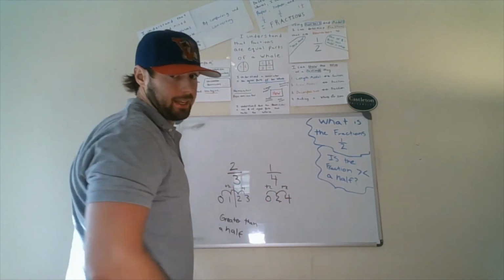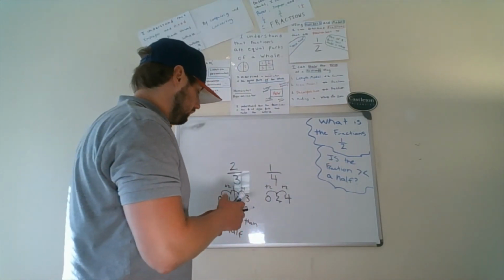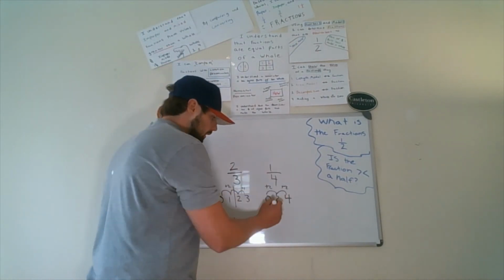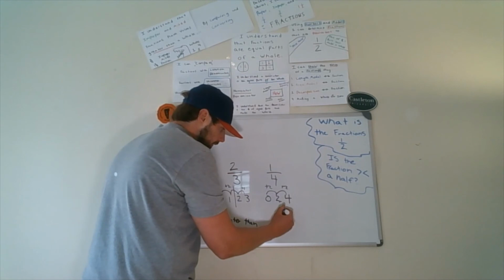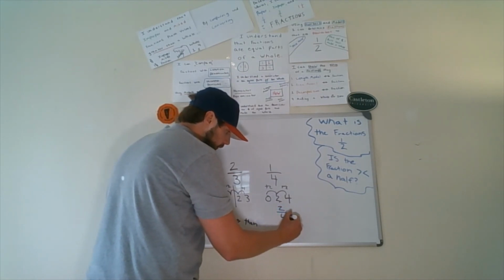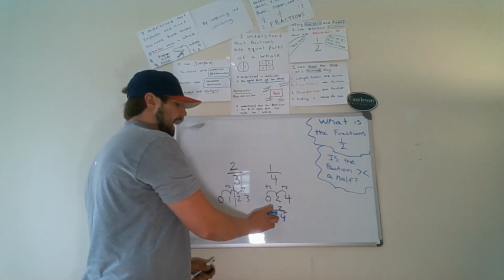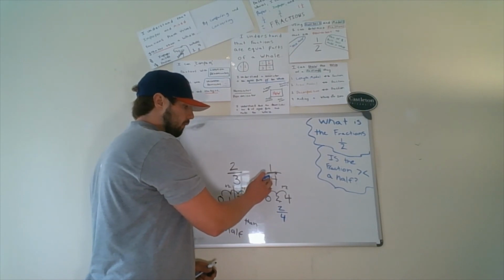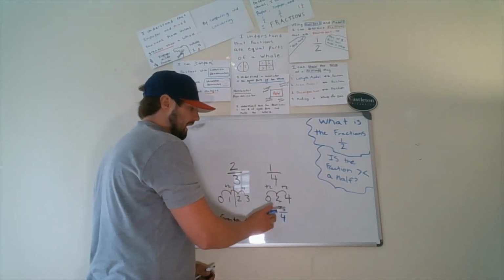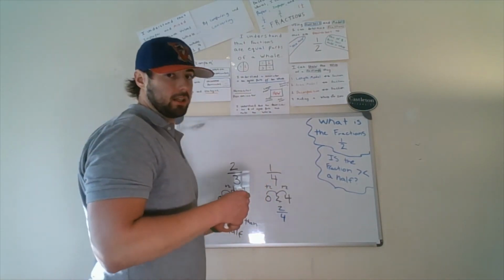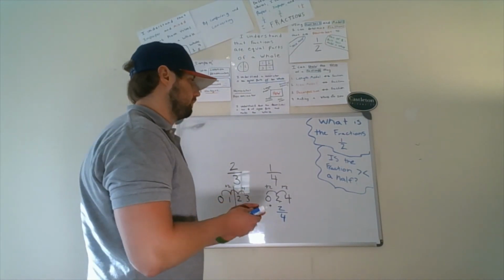That is the exact half, the middle. So if 2 parts is the half, we know 2/4 is a half. 2 parts of fourths, 2/4 is exactly half when we're working with fourths.